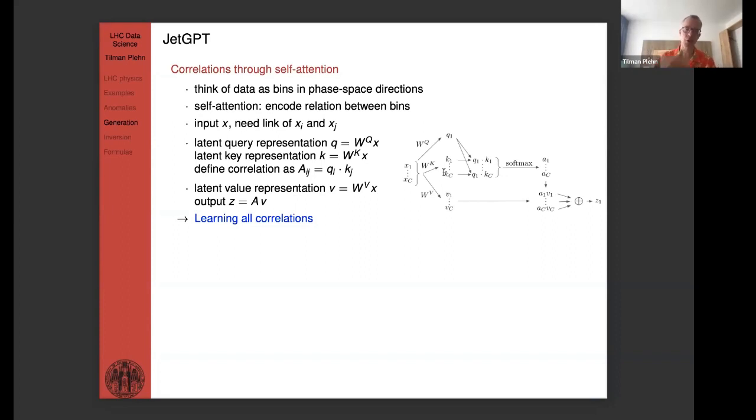And then it normalizes these A's and makes them so they sum to 1, and they're smaller than 1. This is a softmax step.